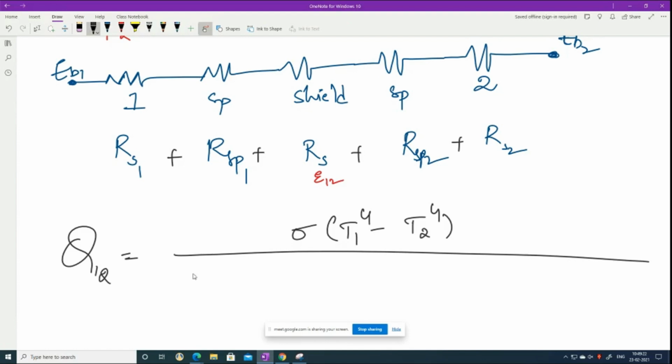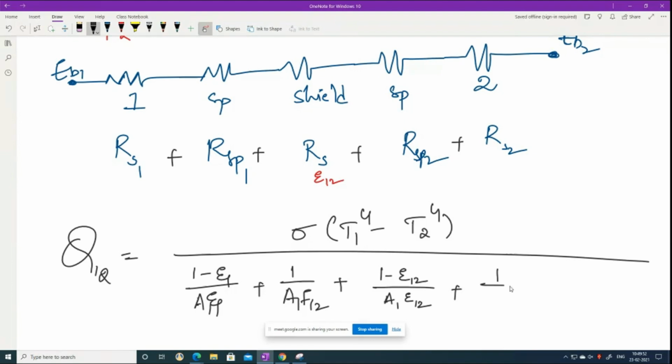So I'm writing that directly in terms of formulas. 1 minus epsilon 1 by epsilon 1 (with A1) plus resistance 1 by A1 F12 plus 1 minus epsilon 1 2 by A1 or A2, both will have the same area, so you can write both into epsilon 1 2, plus 1 by A2 F12, you can write F21 actually, plus 1 minus epsilon 2 by A2 epsilon 2. Is this clear?